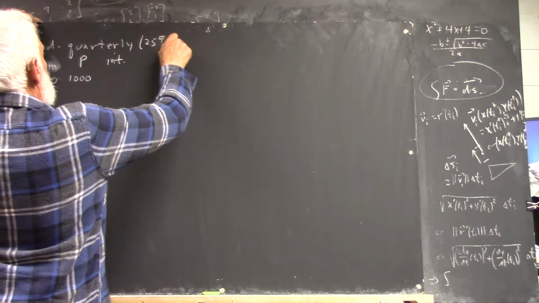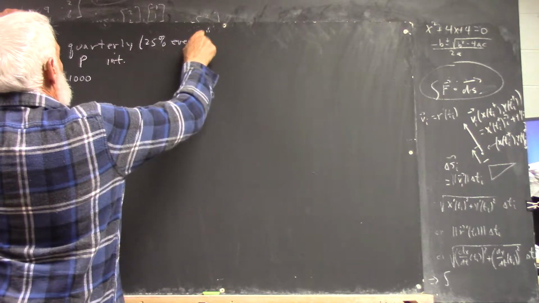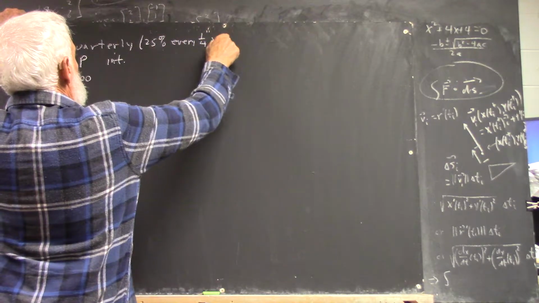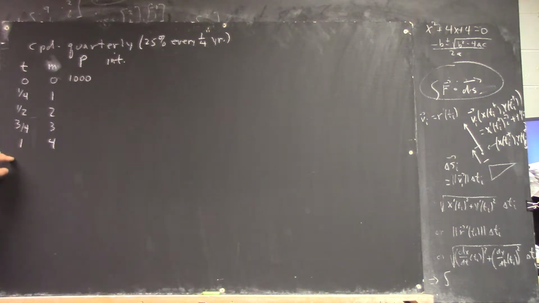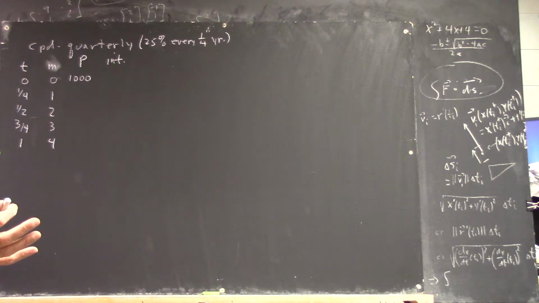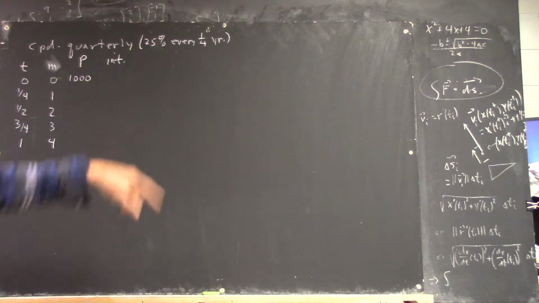What does the T and the M represent? T's the number of years. A quarter of a year, a half a year, 3/4, 1. We're just gonna do 1 year for the moment, and then we'll extend this. What does M represent? We don't worry about that yet. It'll come up. I said I'm not sure I'm even gonna use it in this iteration.